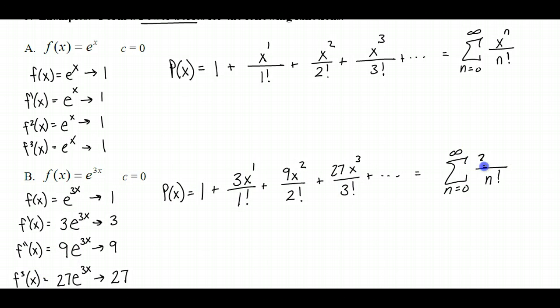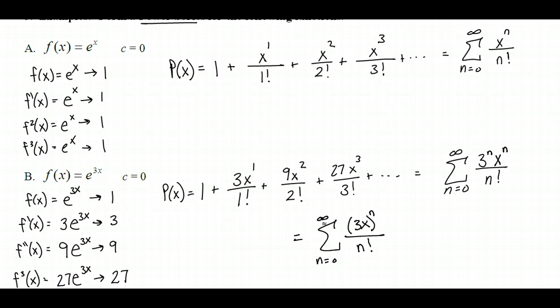So we could write it as 3 to the nth times x to the nth. So this is good, and it's obviously what this would equal. But what we can end up doing is, because your exponents are the same, you can write it as 3x to the power of n, divided by n factorial, and obviously it went from 0 to infinity.